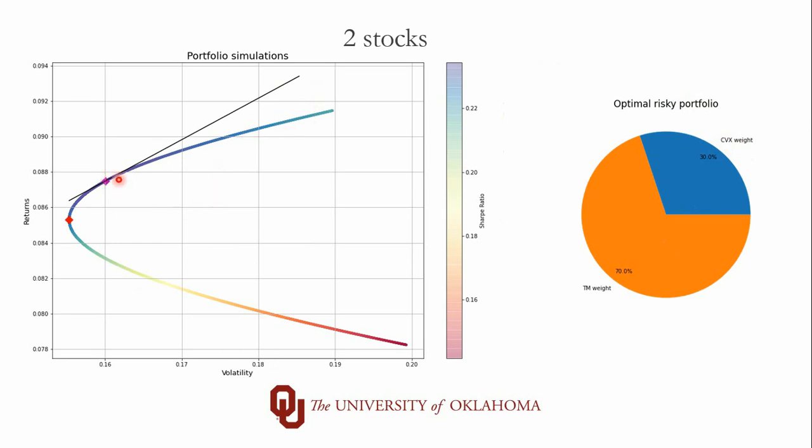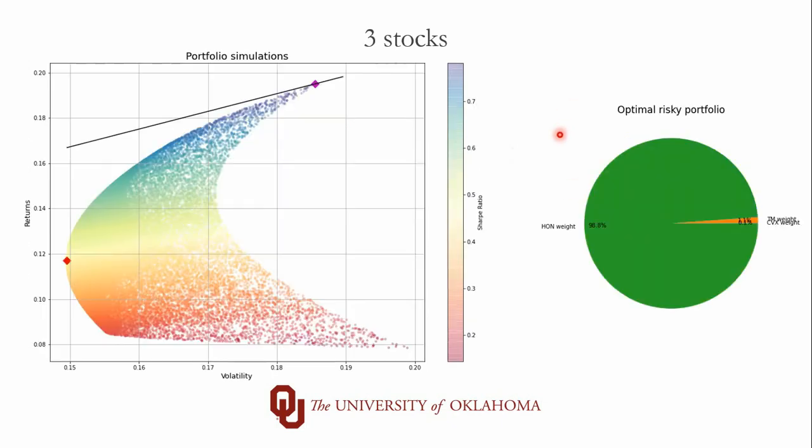Again, the purple diamond represents the portfolio with the highest Sharpe ratio, while the red one represents the portfolio with the lowest risk. The pie chart shows the distribution of the stocks for the optimum portfolio, the one in the purple diamond, that is, the one with the highest Sharpe ratio. We see these distributions, 30 and 70%.